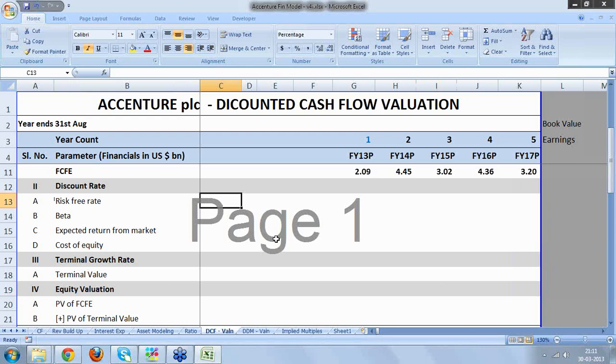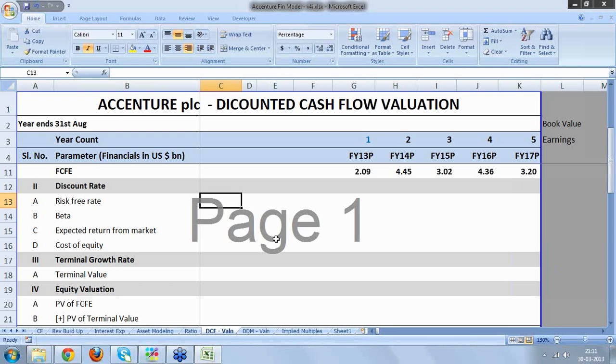I've also rolled it out a couple of times in the class itself. Risk-free rate is going to be surrogated by the yield of long-term government securities. The risk-free rate that you take here is not going to be of the USA alone, nor of India alone. It's going to be the weighted average of the risk-free rates of all the geographies Accenture is deriving its revenue from.